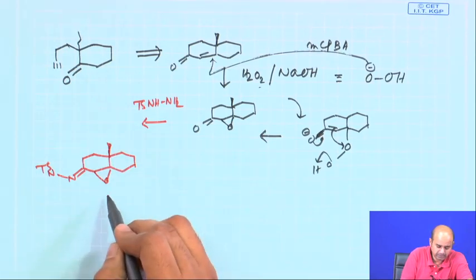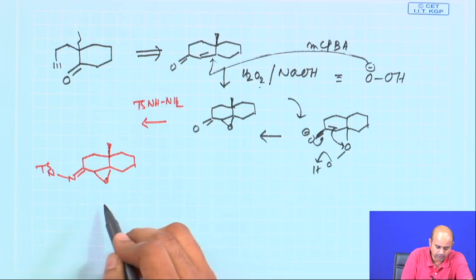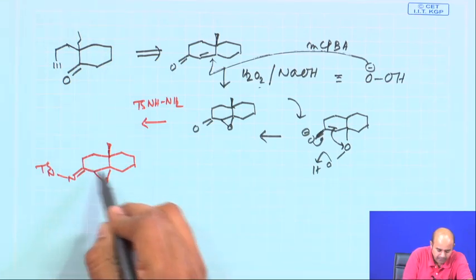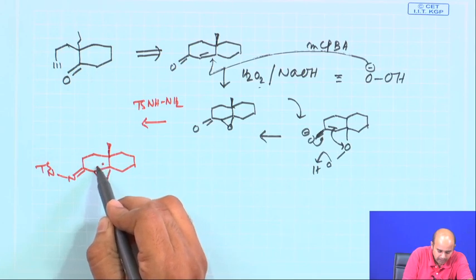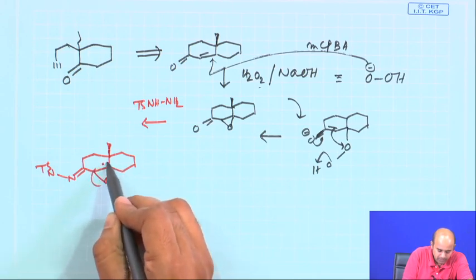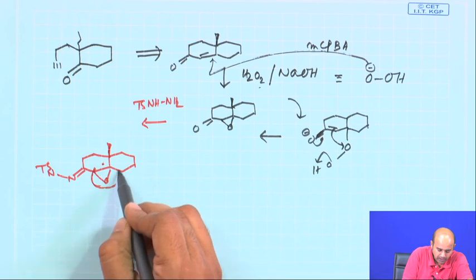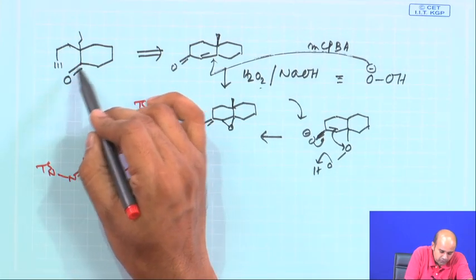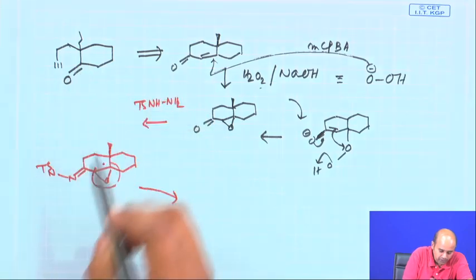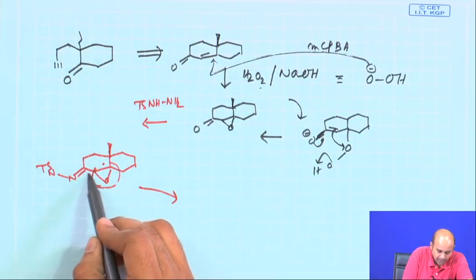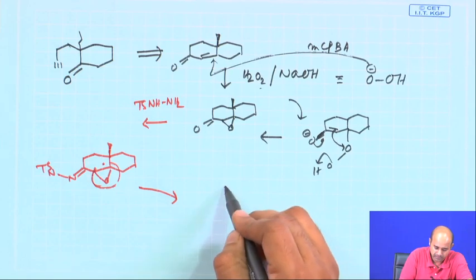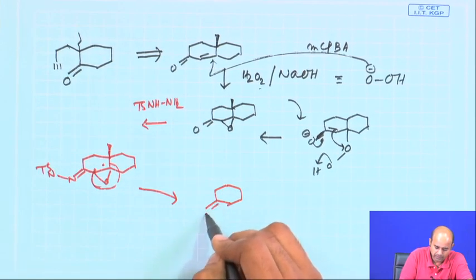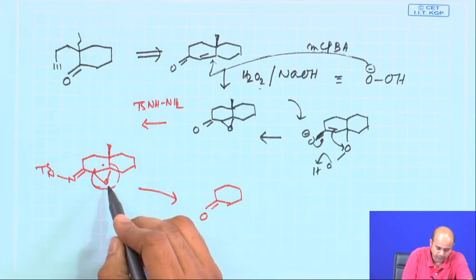So, the mechanism basically now goes in a similar way, and the only thing is you basically fragment this part out of this molecule, and the fragmentation takes place, you generate this ketone, and this end will be your alkyne. So, now you get this ketone from this epoxide.